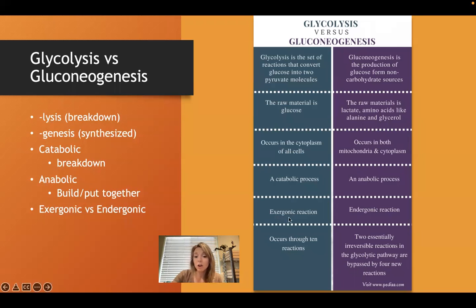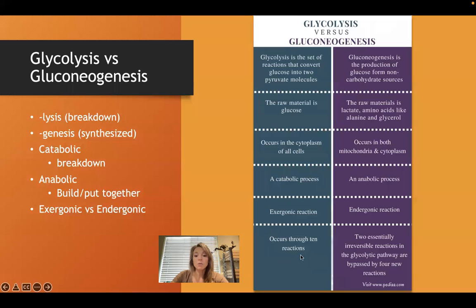Glycolysis is an exergonic reaction, so it's going to proceed spontaneously. Gluconeogenesis is an endergonic reaction, to the point that, recall, we actually have to take a couple of detours around some of those highly exergonic reactions found in glycolysis. So the endergonic reaction is going to require ATP to make that occur.